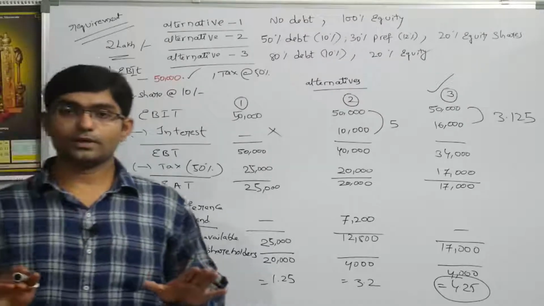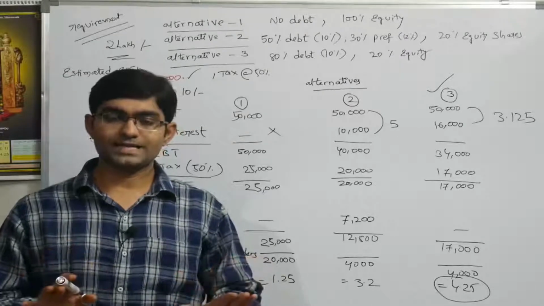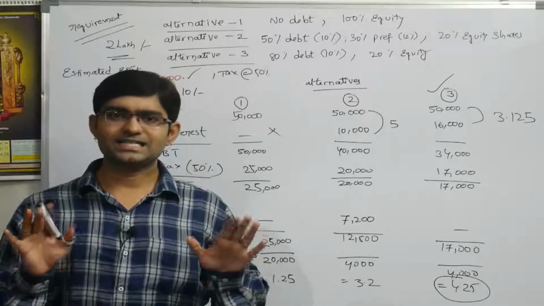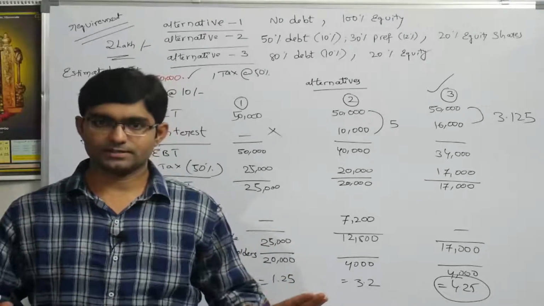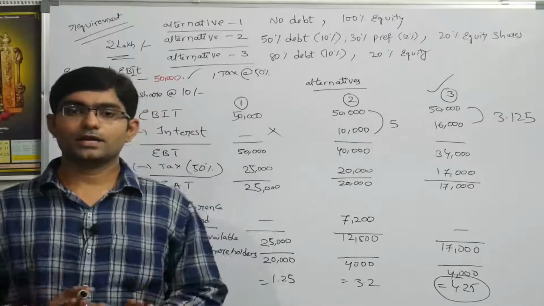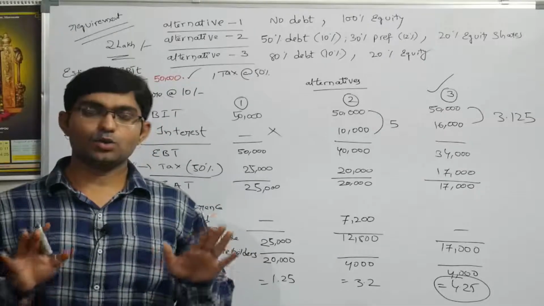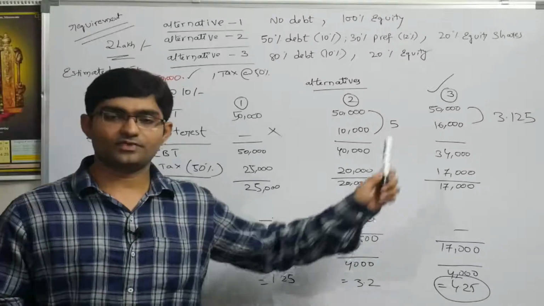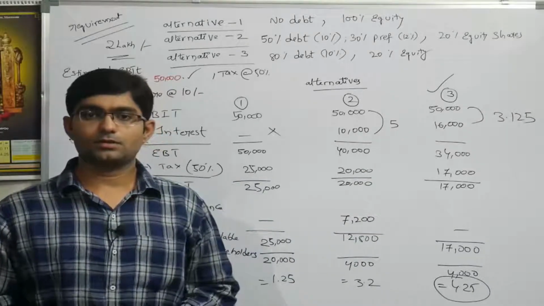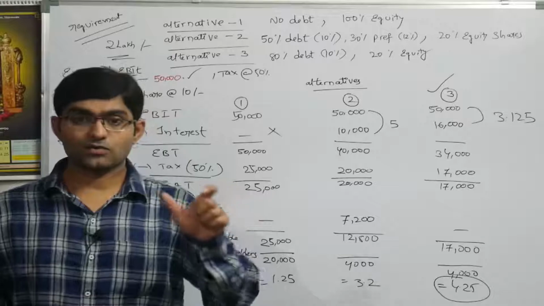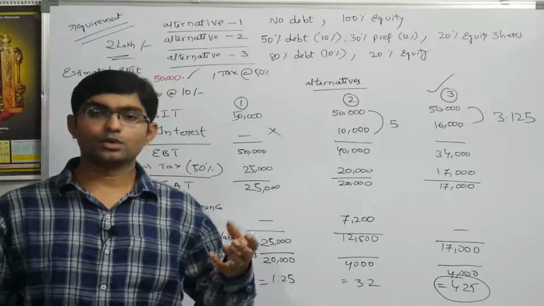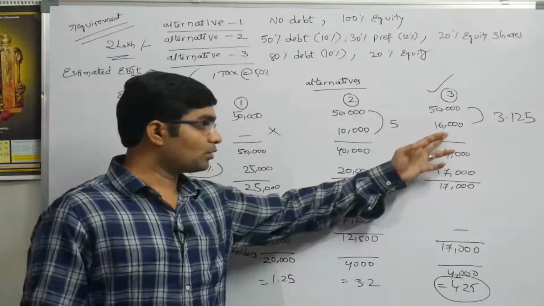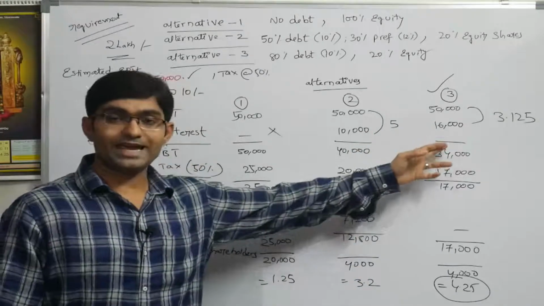But if your business is generating consistent income, consistent cash flows and profits, then it's better to go for heavier loads of debt, because when the cash flows are consistent, you are in a position to repay the interest amount without any failure.